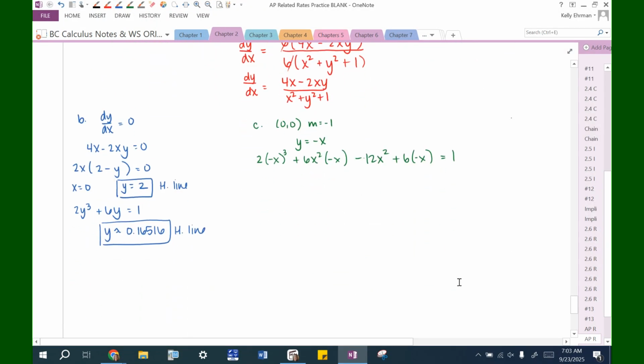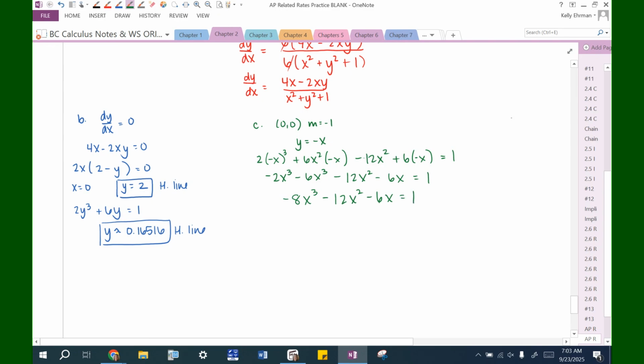So let's clean this up a bit. This will be -2x to the third minus 6x to the third minus 12x to the second minus 6x equals 1. So this is -8x to the third minus 12x squared minus 6x equals 1.